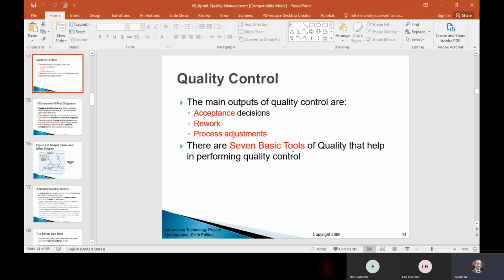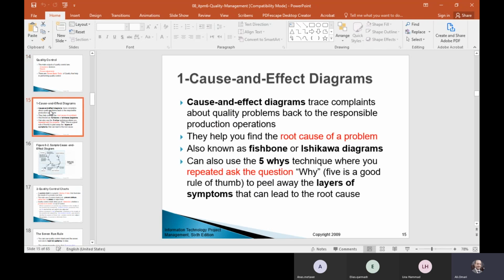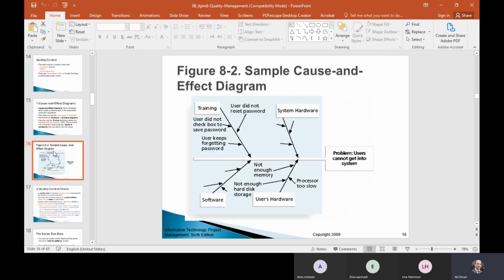Okay. So last time we talked about the 7 basic tools used for quality control. I just want to list them because we already went through them. Cause and effect diagrams, which use the fishbone or Ishikawa diagram, and this is the diagram.